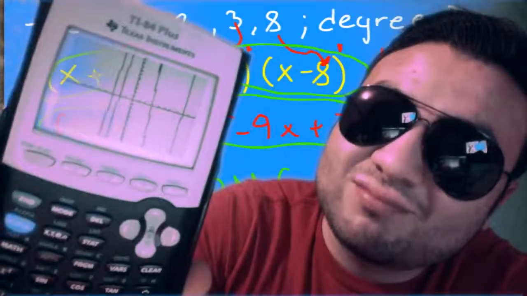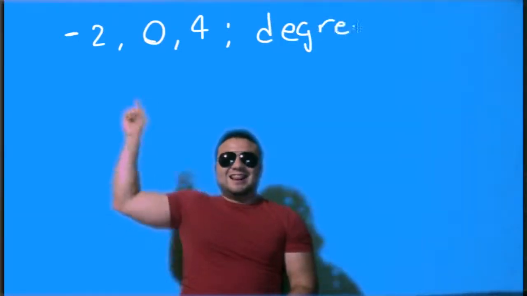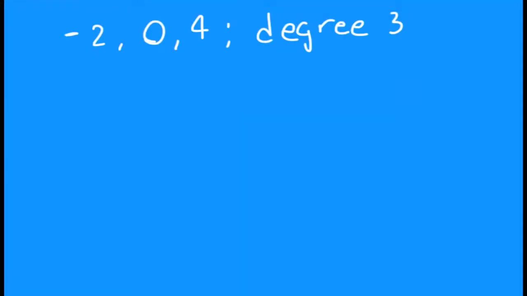Let's do another one. Alright. So we're given our zeros, which are -2, 0, and 4, with a degree 3. So what do you do here? Same as we did last time.